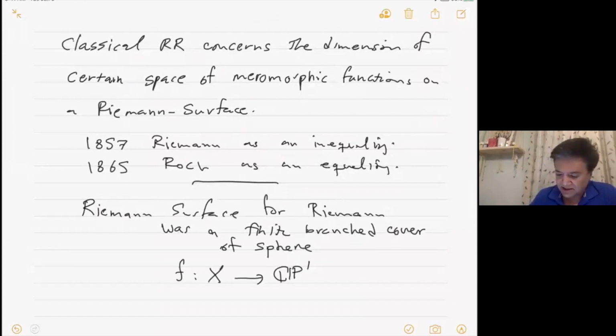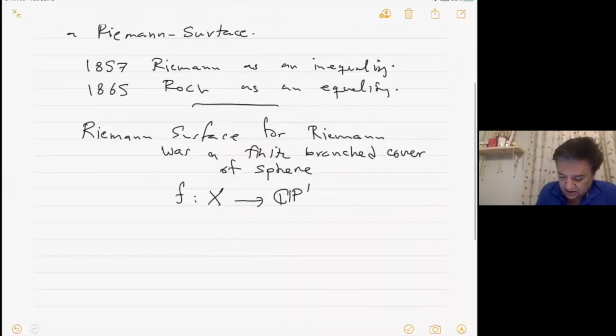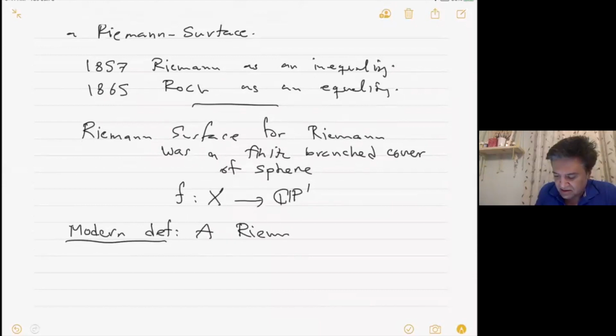We say a Riemann surface, so modern definition, a Riemann surface is a complex one-dimensional manifold.